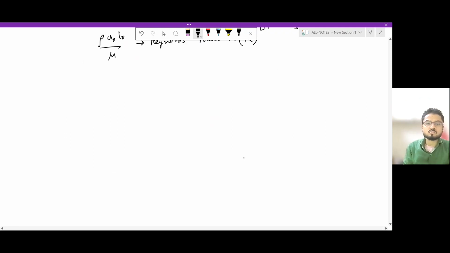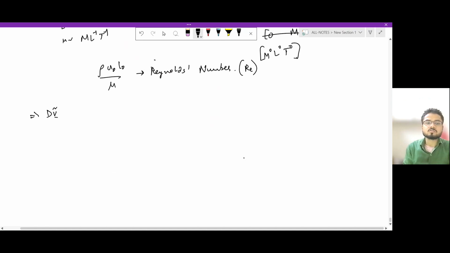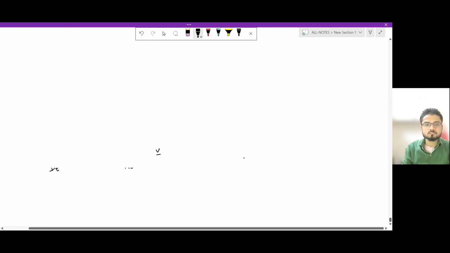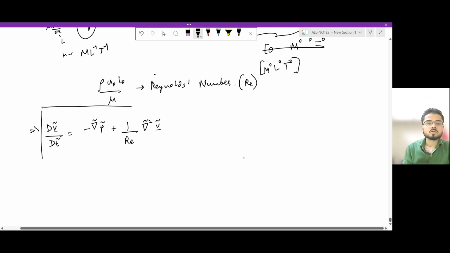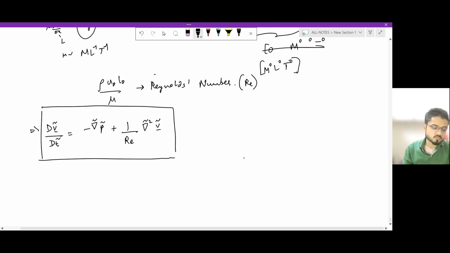So then the final form of the Navier-Stokes equations becomes negative of the non-dimensional gradient of P, plus 1 over RE times the Laplacian of the non-dimensional velocity vector. Yes, this is how the non-dimensional form of the Navier-Stokes equations looks.